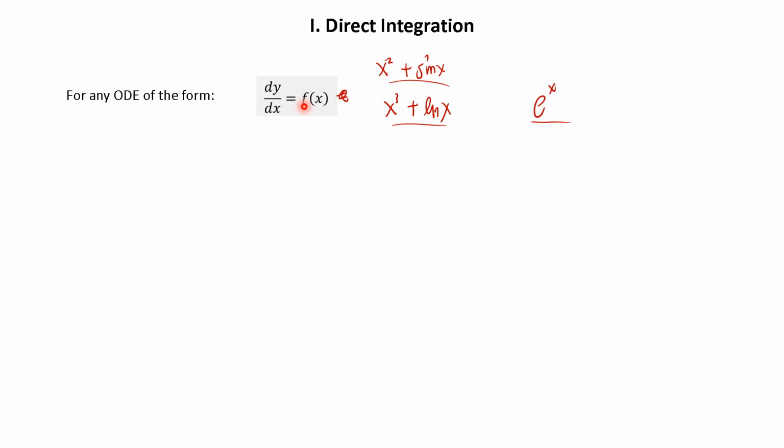Basically just integrate both sides. Integrating the left hand side, you are undoing the derivative, so you get y, and the right hand side is just the integral of f of x dx.